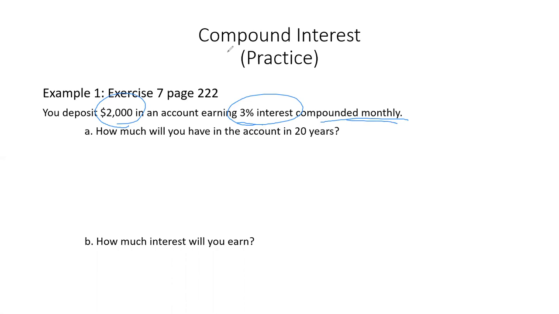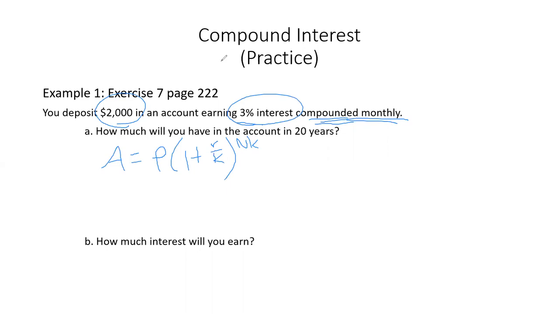So since I know it's a compound interest account, I'm going to go ahead and start just like I would any other column by writing down that formula. So A is equal to P times 1 plus R over K raised to the N times K power. And then I need to substitute whatever variables I know already.